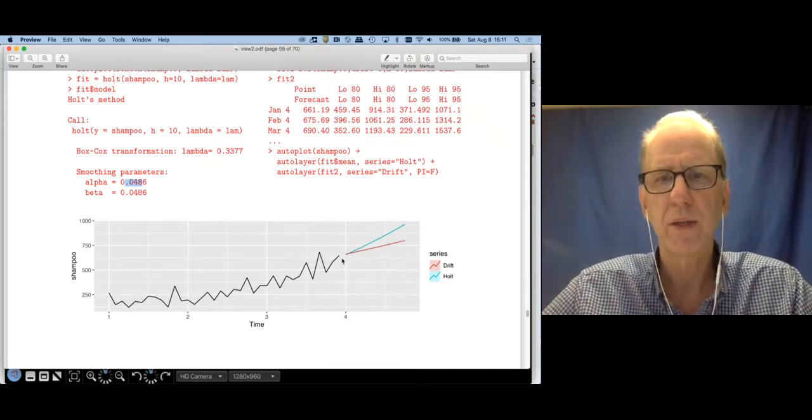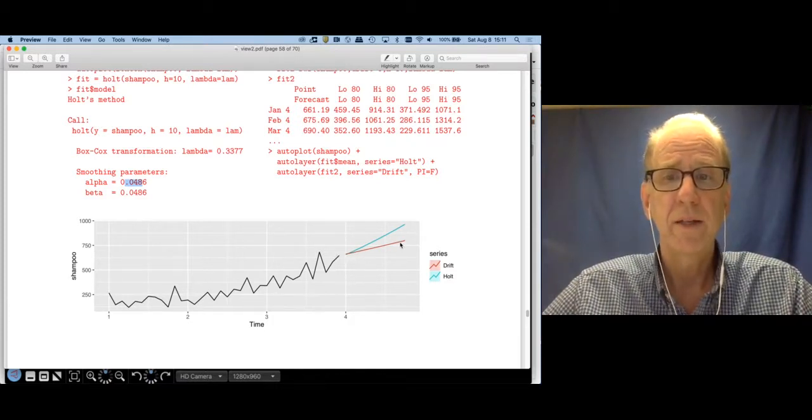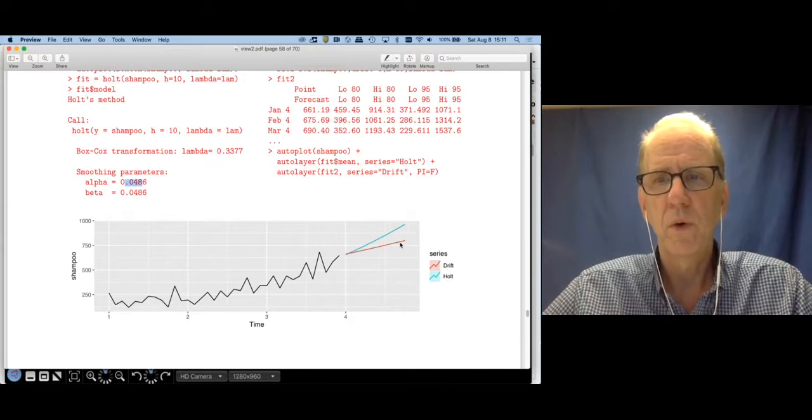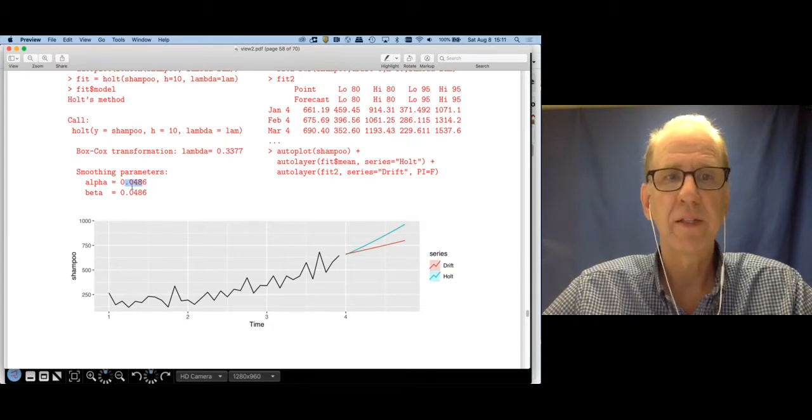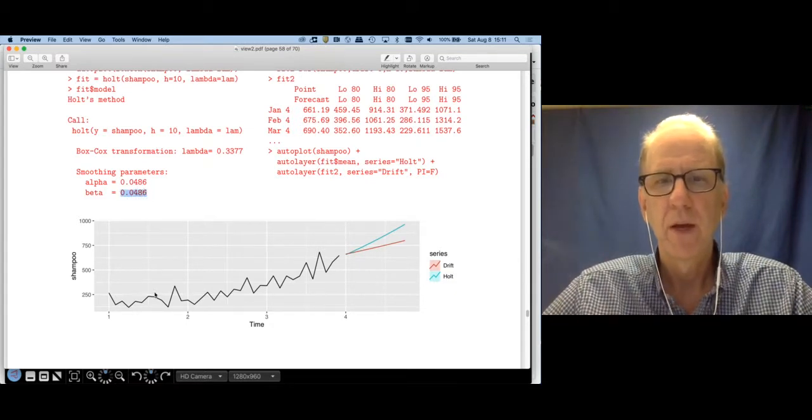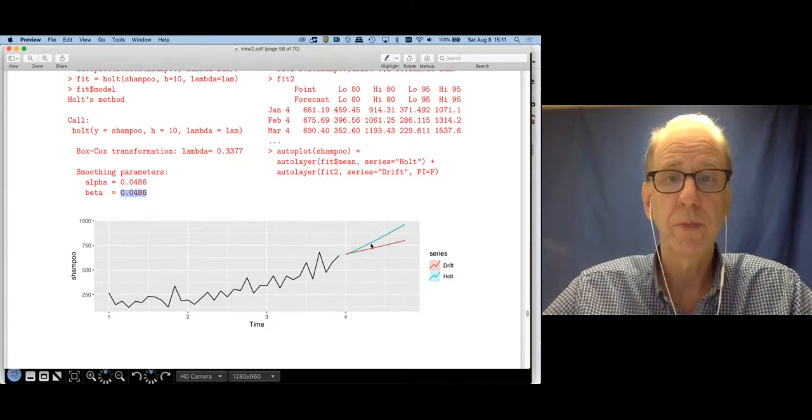Remember, the drift method, in essence, draws a line from the first point to the last point and extends that line. And what the Holt method is saying is you can do better because it looks like maybe the slope is increasing a little bit at the end. And so that's why we are choosing a non-zero value for beta here. Since the slope is kind of increasing towards the end, the Holt method picks up on that, and it allows the slope to get a little bit steeper.